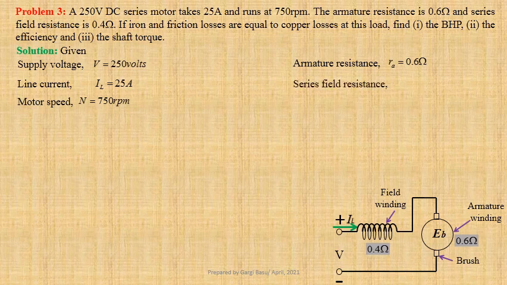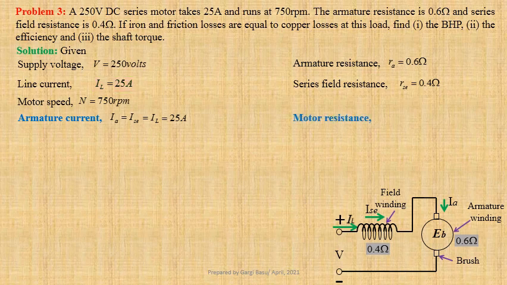Series field resistance Rse equals 0.4 ohm. For DC series motors, armature current Ia equals Ise equals IL. At this load, IL equals 25 ampere.